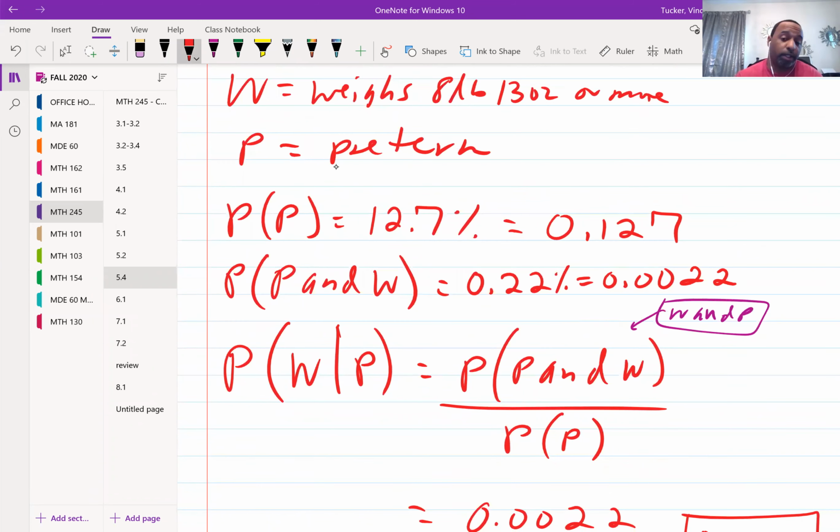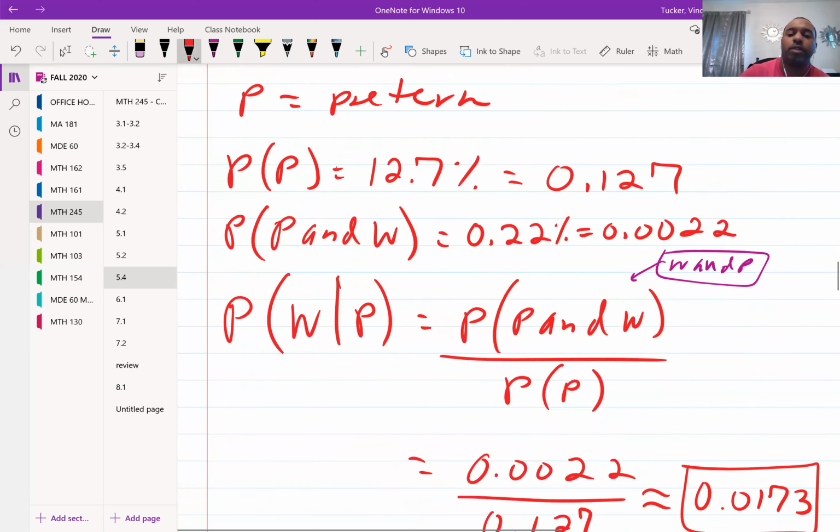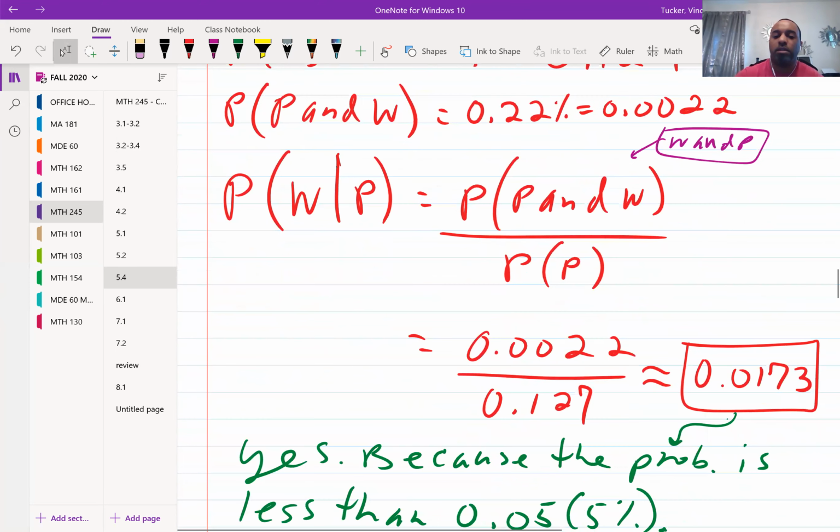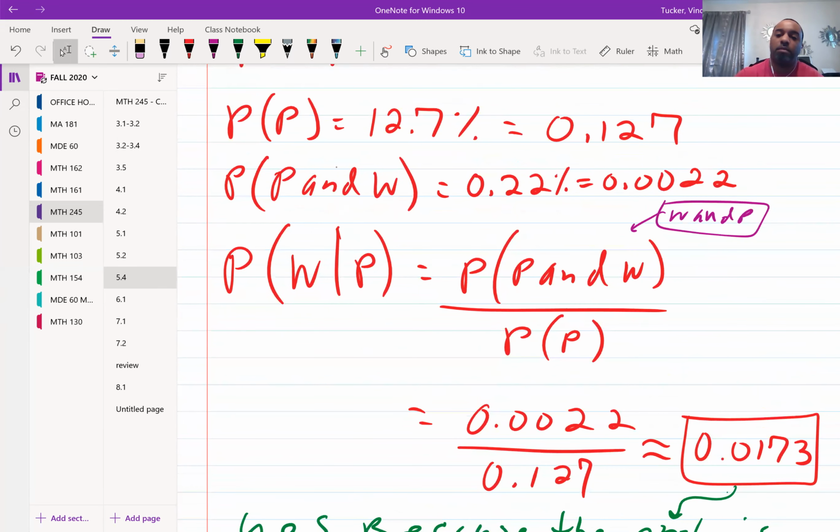The probability of having a preterm baby weighing 8 pounds, 13 ounces or more, 0.0022, place that over the probability of getting a preterm baby, which is 0.127. If you convert that to a percent, it's 1.73%.